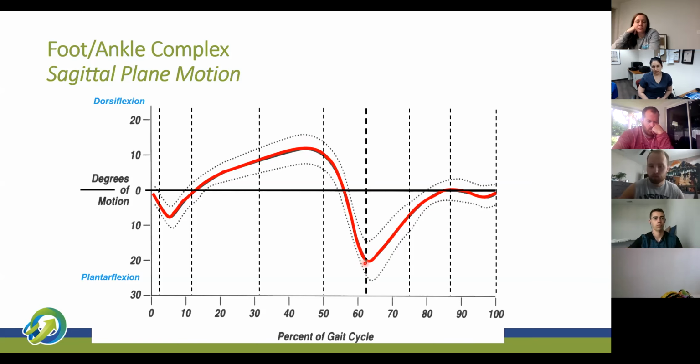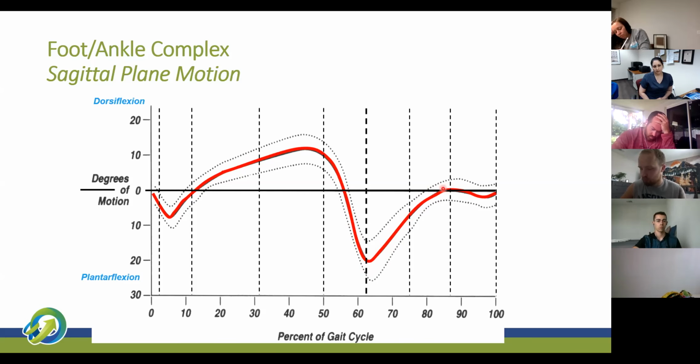So going from stance to swing, what phases are occurring at the end of stance phase and the initiation of swing phase? So this one is which phase? Pre-swing into initial swing. Exactly. So as soon as that toe comes off the ground, the dorsiflexors start concentrically contracting all the way until the end of mid-swing.